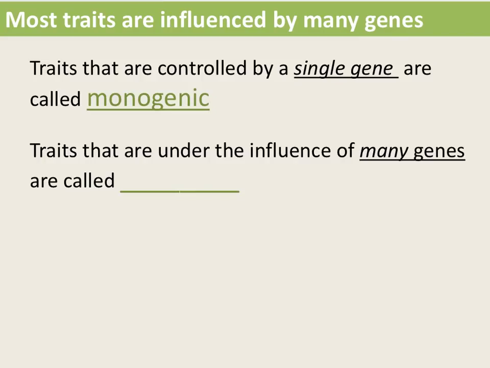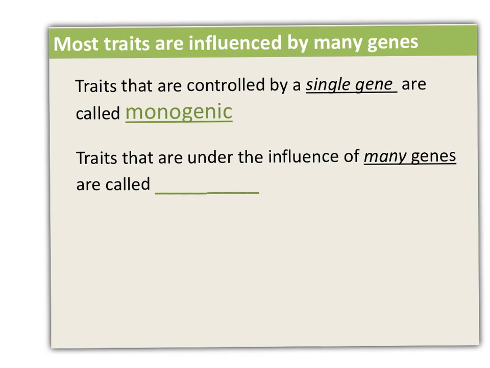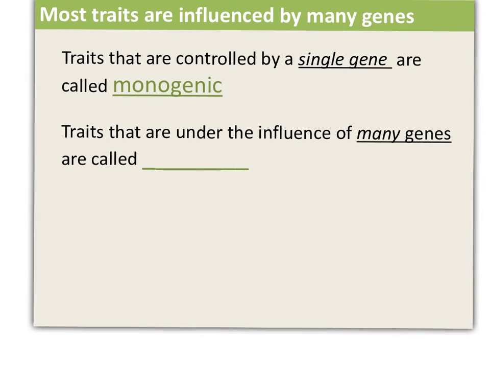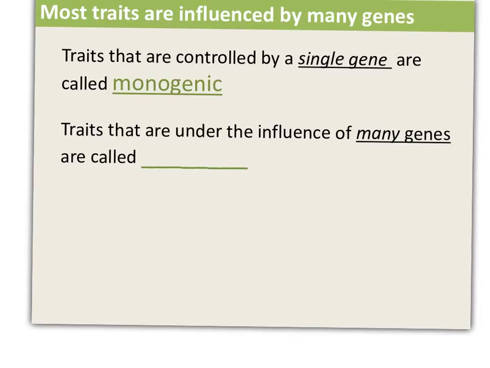And so height is like that, skin color, musical ability, all that. Traits that are controlled by a single gene are called monogenic.